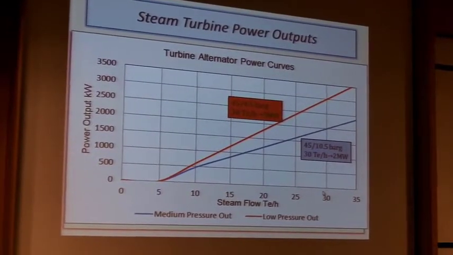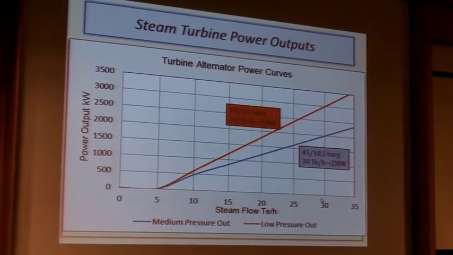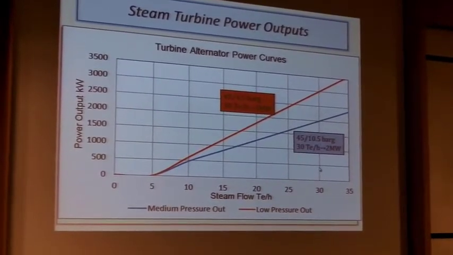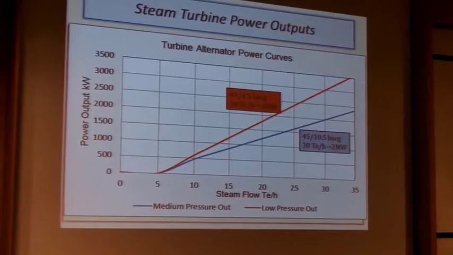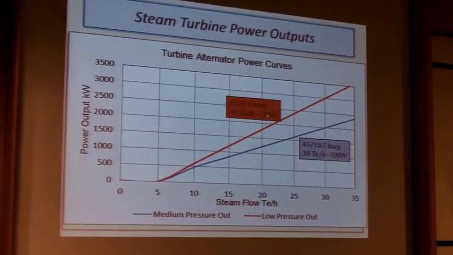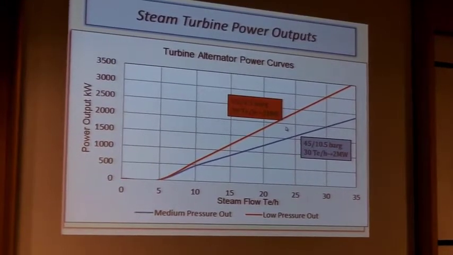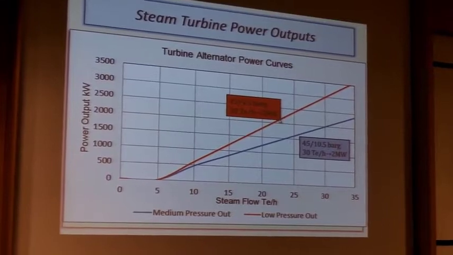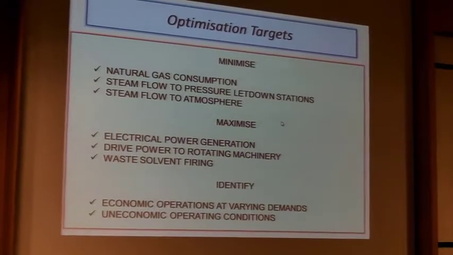So one obvious thing that could happen is they could perhaps, if it wasn't too expensive in terms of capital cost, take advantage of the fact that the biggest steam demand is the lower pressure one as well, not the higher pressure one, which could force a decision on that.